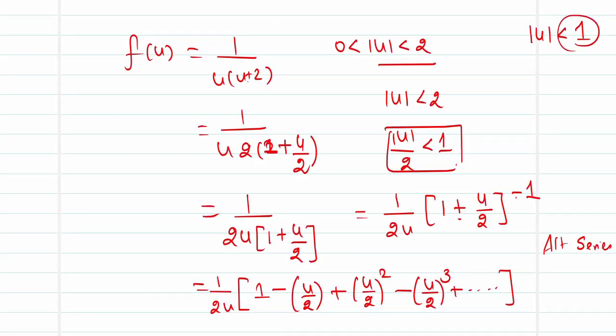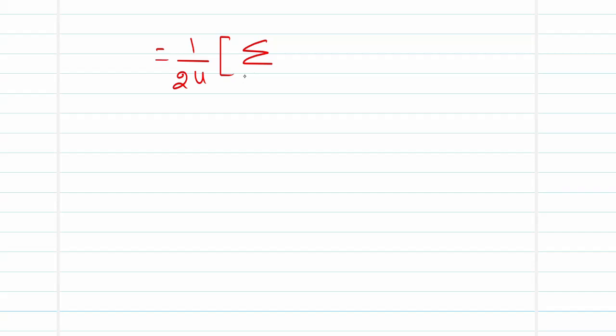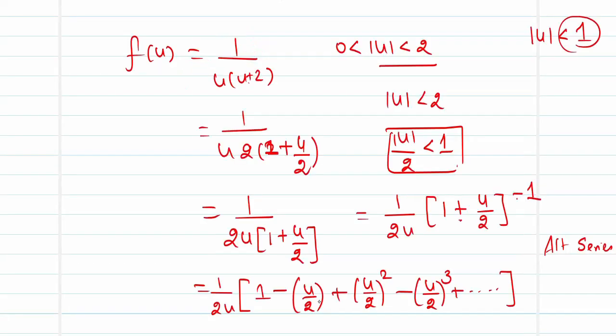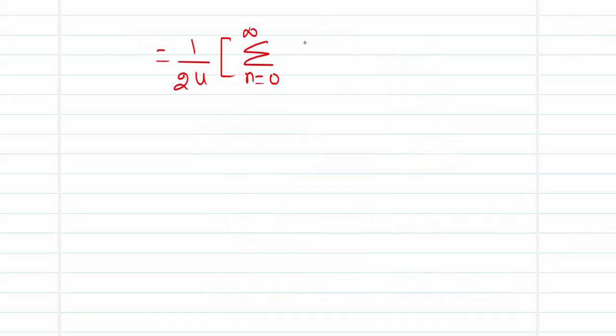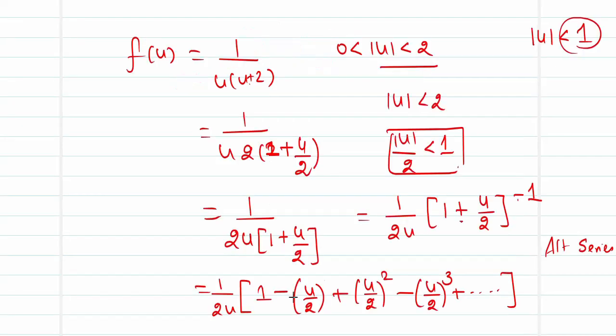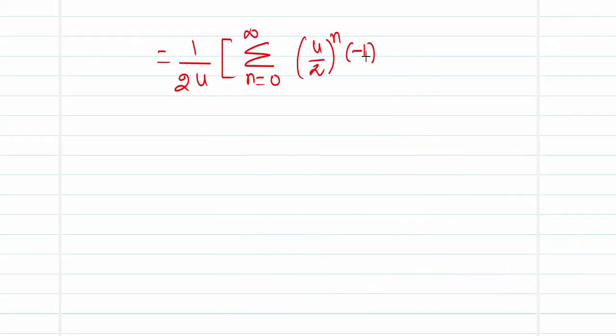Hence I can rewrite this as 1 divided by 2u times summation n varying from 0 to infinity of (u by 2) the whole to the power of n. This generates these terms. But how to generate the alternating positive and negative sign? This can be taken care of with (minus 1) the whole to the power of n.